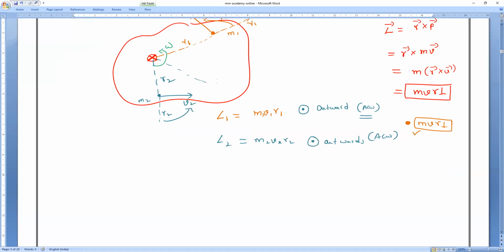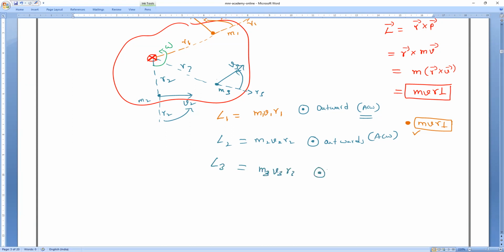If I choose one more particle whose mass is m3, and take its velocity, here also the angle is the same, let me take r3. So if I go from here, r cross v, L3 is equal to m3 v3 r3.